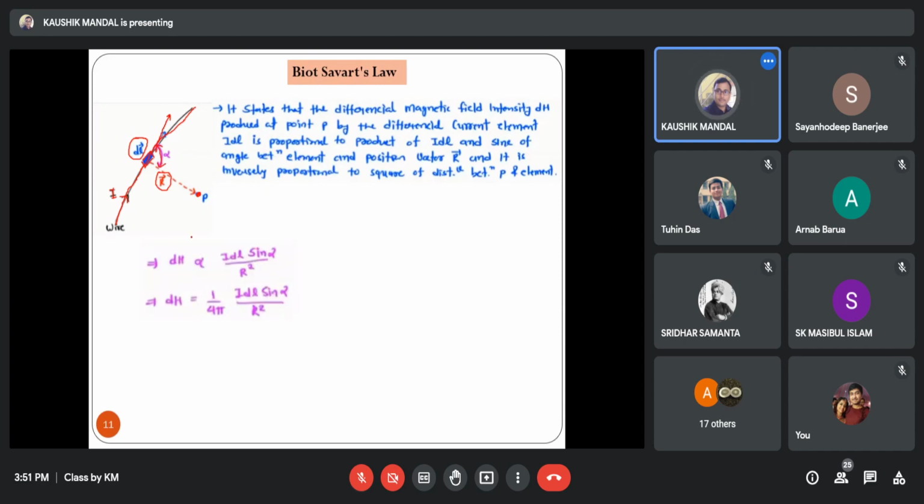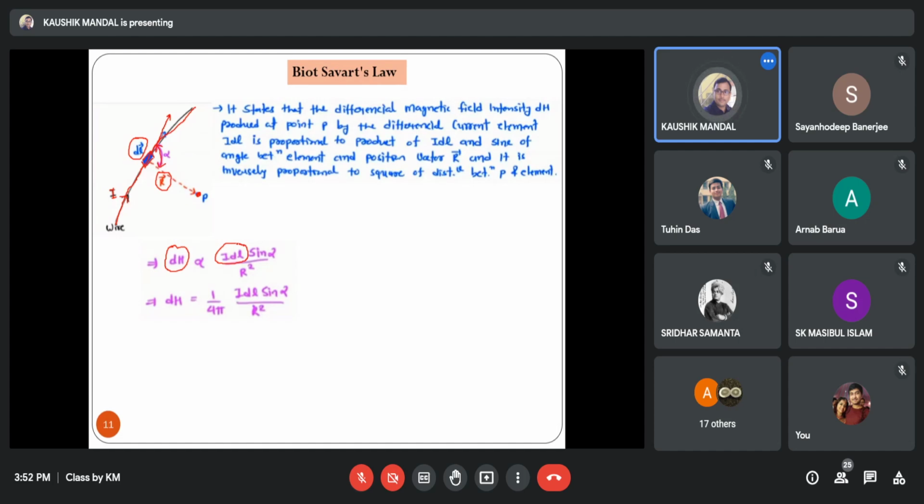Then first of all, dH, the differential magnetic field strength or magnetic field intensity, will be directly proportional to I dl, the differential current component.